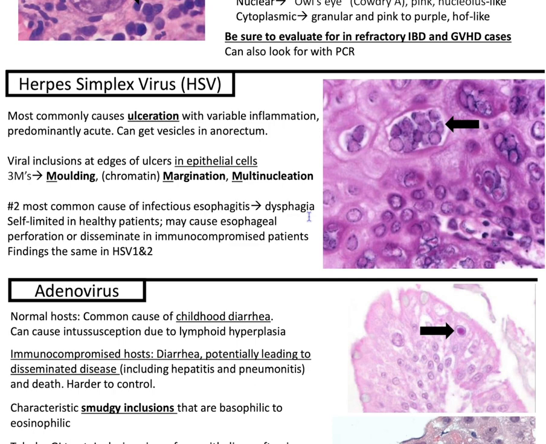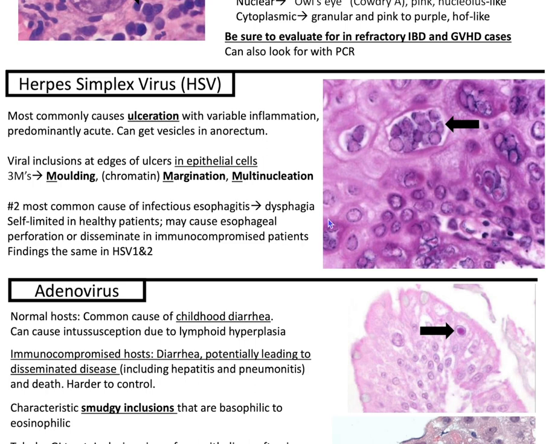HSV, this commonly causes ulcerations with variable inflammation. If HSV infection happens in the anal, genital, or anorectal region, you can get vesicles. You want to look for those 3 M's. Molding, kind of packeted against each other without space. Margination, the chromatin is at the rim of the cell. And multinucleation.